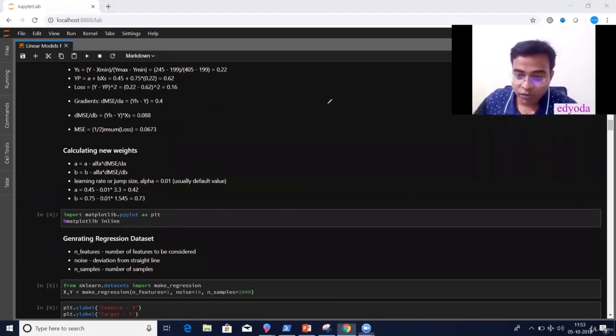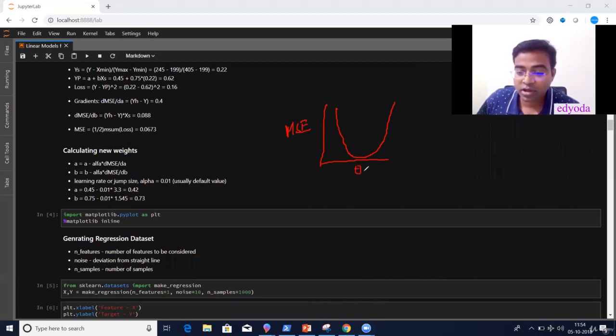To put it in simple words, say this is your curve for your loss, or your mean squared error, and this is some value of theta. You might start from here or here. All you intend to do is find the point at which, for theta 1, the mean squared error is least.